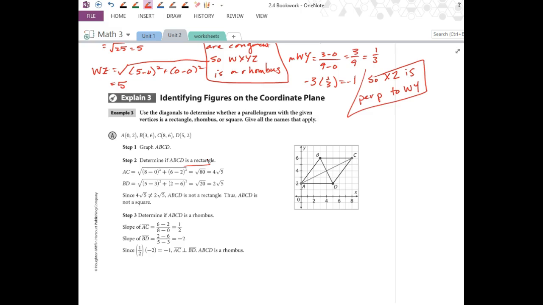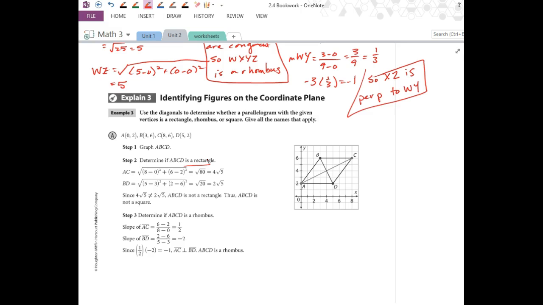Okay, so they're using diagonals, and what are they showing? They're finding the length of AC and the length of BD.